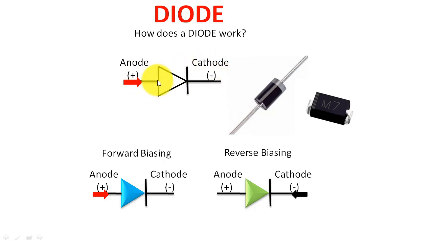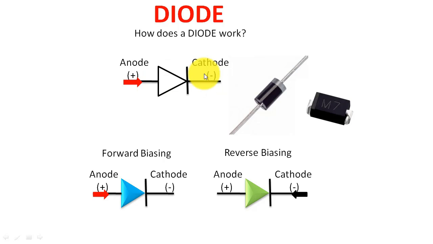This is the symbol, and after this there is a bar. On the right side there is the cathode point, and on the left is the anode point. So this is the anode point, the positive terminal, and this is the negative terminal.